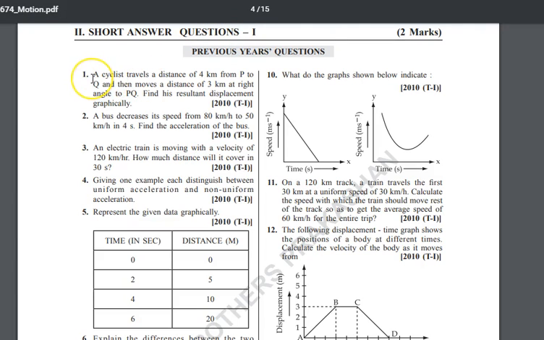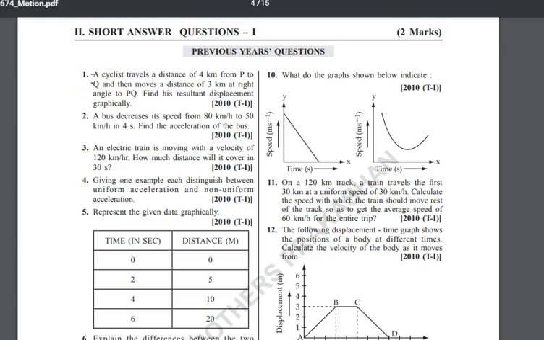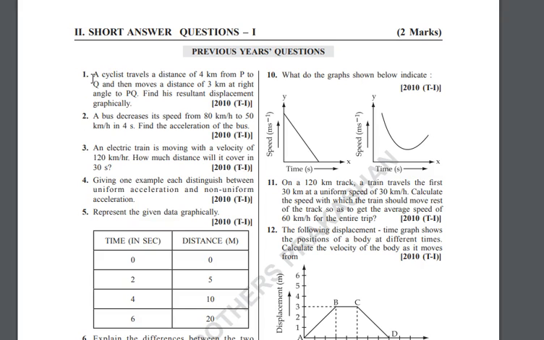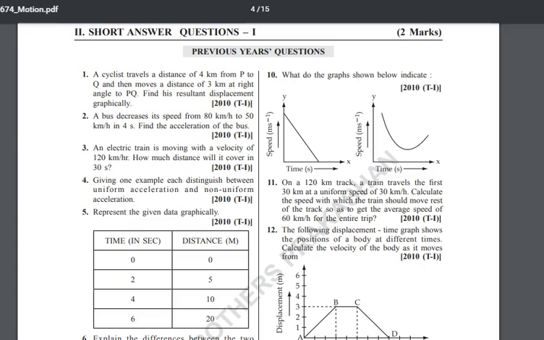Here is the question: a cyclist travels a distance of 4 kilometers from P to Q and then moves a distance of 3 kilometers at right angle to PQ. Find his resultant displacement graphically. This is the 2 marks question.